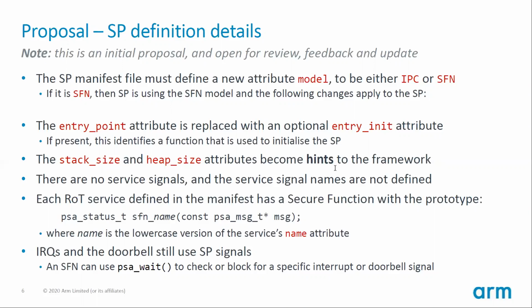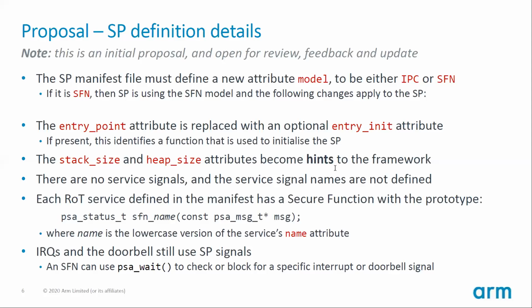With SFN, the entry point attribute is not allowed, and instead we have a different attribute, which is entry init, which is optional. If present, this is the name of a C function which is used to initialize a secure partition. The initialization function, we're going to allow it to return an error.